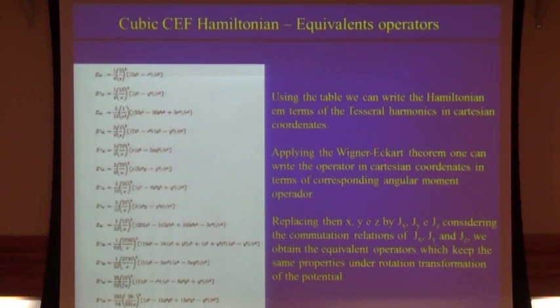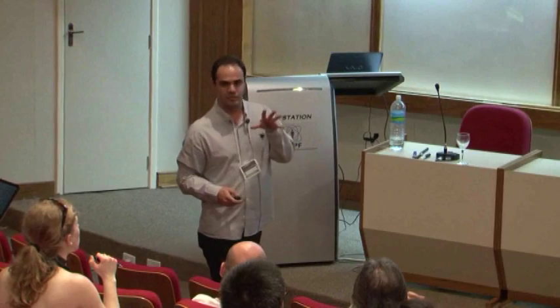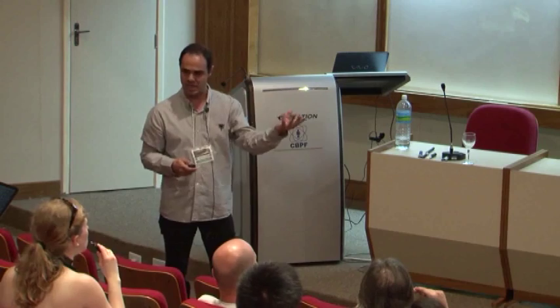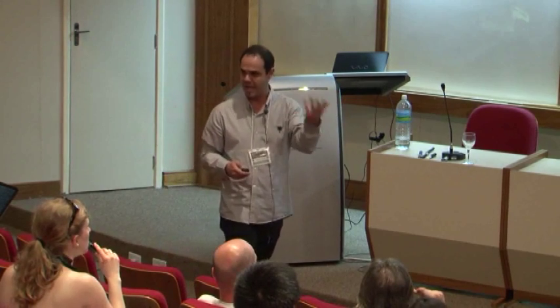You apply the Wigner-Eckart theorem, and you can write them in terms of angular momentum operators. And you do that because you can then apply your Hamiltonian to the multiplet J, and you know how your operators act in that J.